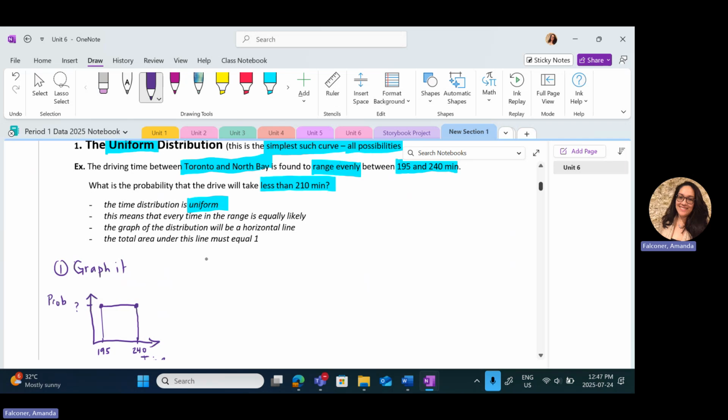Okay. And the thing about it ranging evenly between 195 and 240 is that we can figure out what the probability of that horizontal line is by considering that the area underneath the curve is equal to 1, right? 100% of the travel times is between 195 and 240.